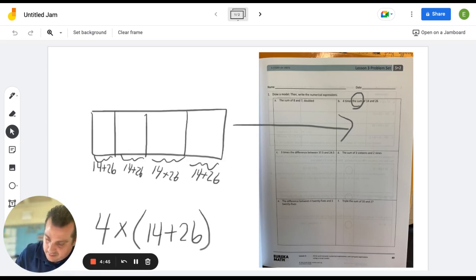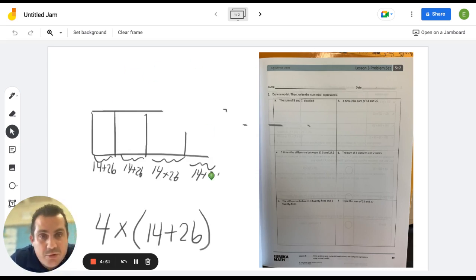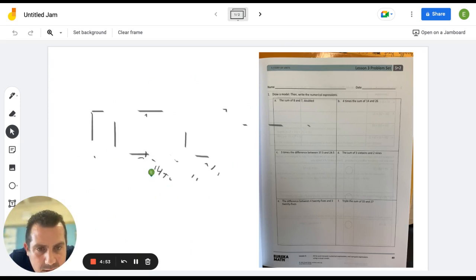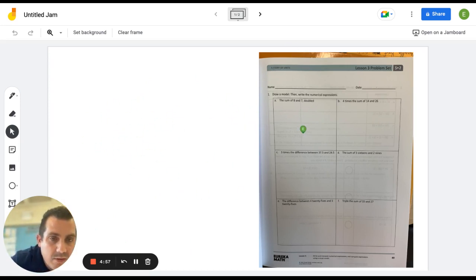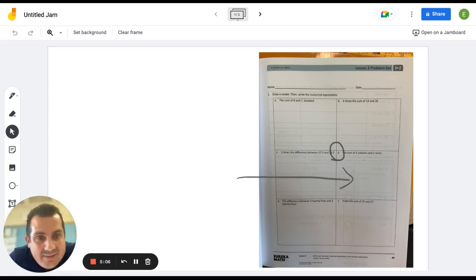Let me clear that. Let's go to D. Okay, I'm going to go to D right now. The sum of 3 16s and 2 9s. So the sum once again means I'm adding.